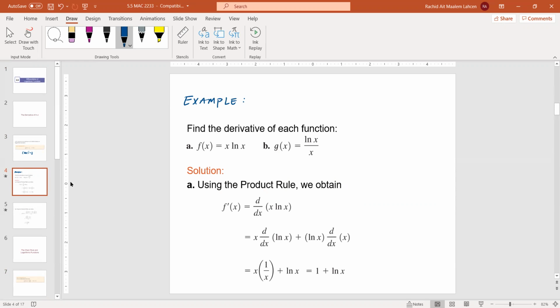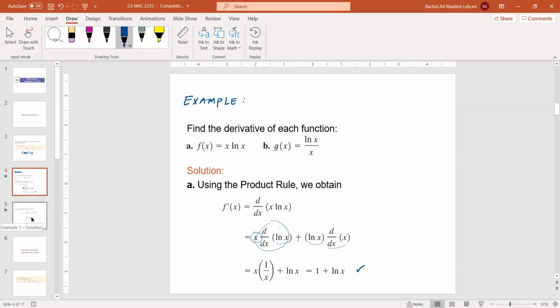By using the product rule, we keep x, we differentiate the natural log of x, then add, keep natural log, and differentiate x. So x times the derivative of natural log of x, which is 1 over x, and the derivative of x with respect to x is just 1. So it's 1 plus ln x, or natural log of x.